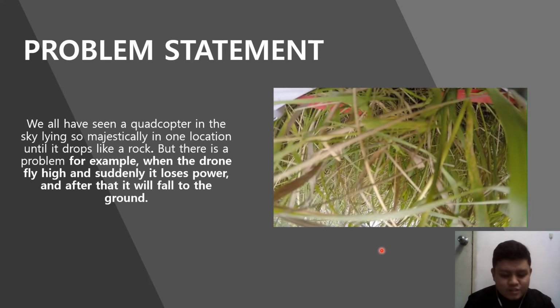Due to this problem, the drones can become unmanageable, fall down and land on a hard surface.